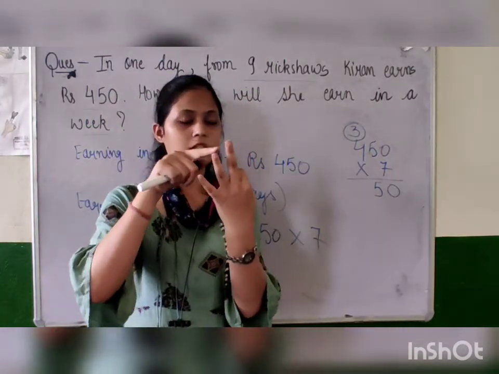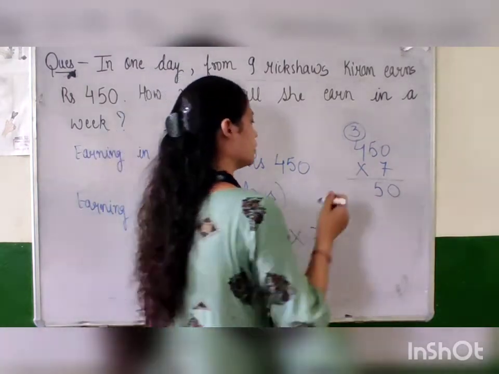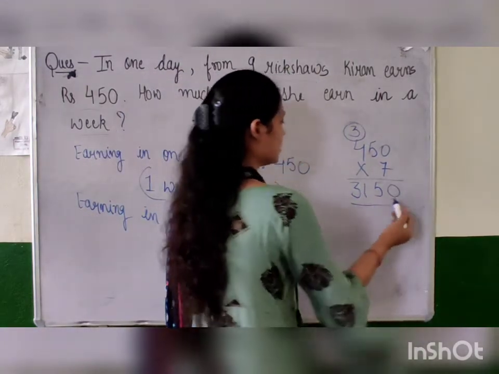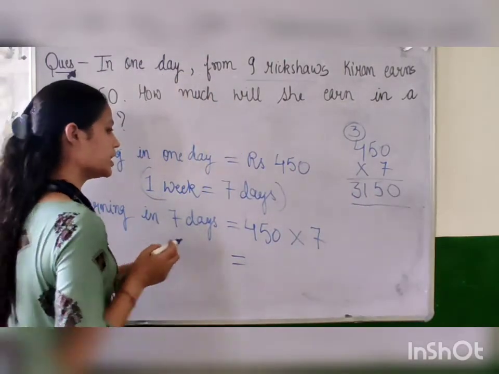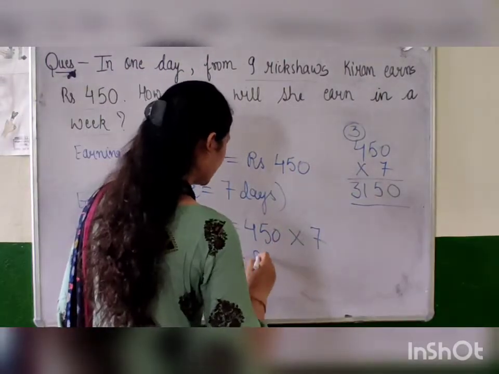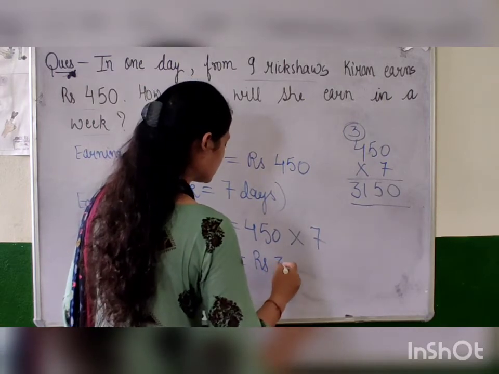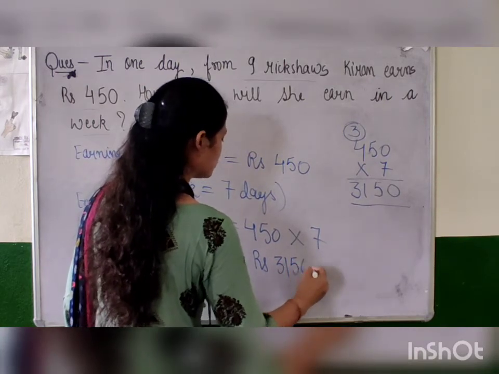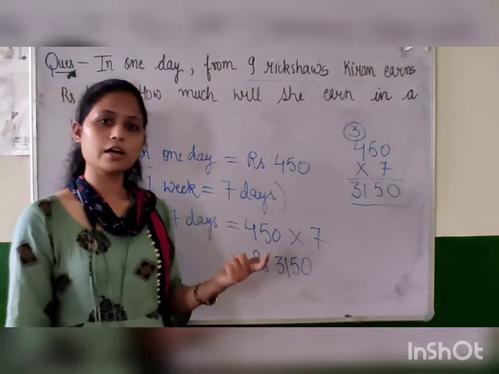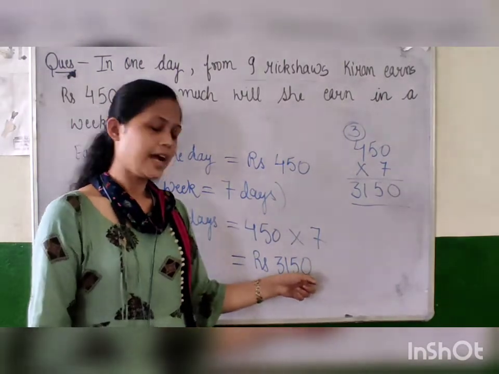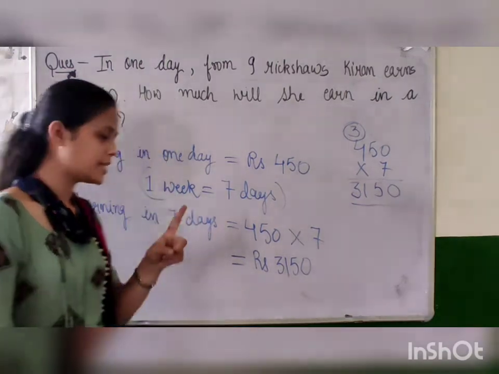So 29, 30 and 31. So 31. So it means 3,150 rupees. So she is earning rupees 3,150 in a week from 9 rickshaws.